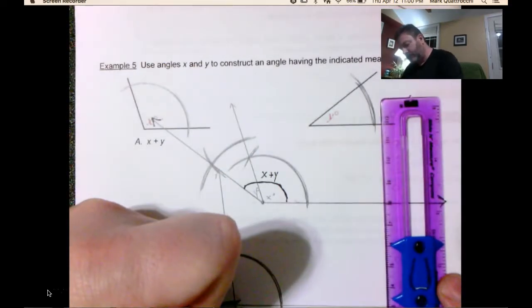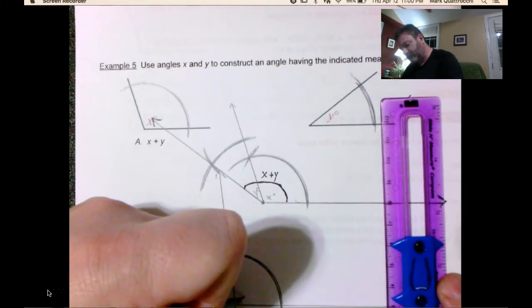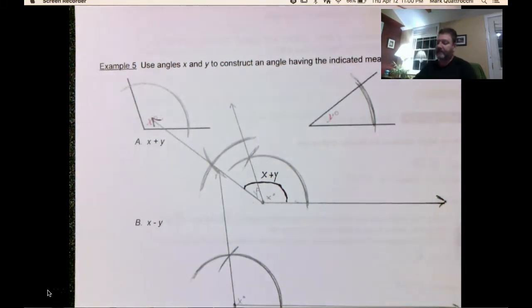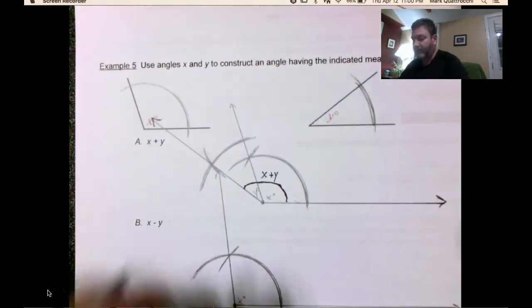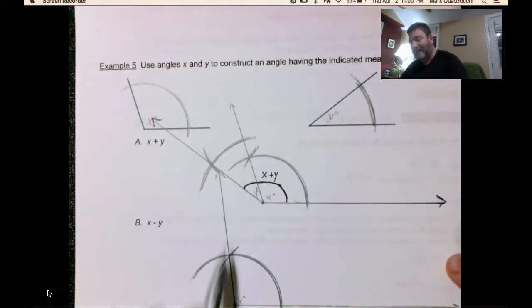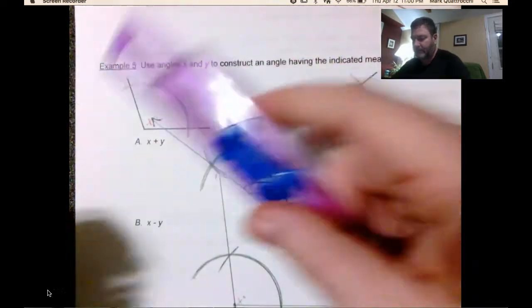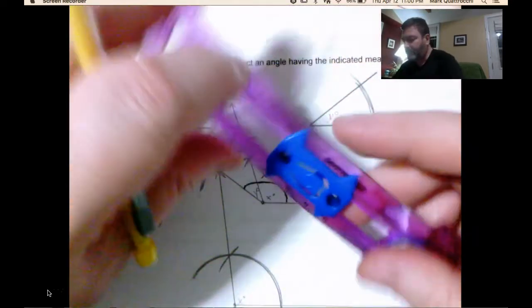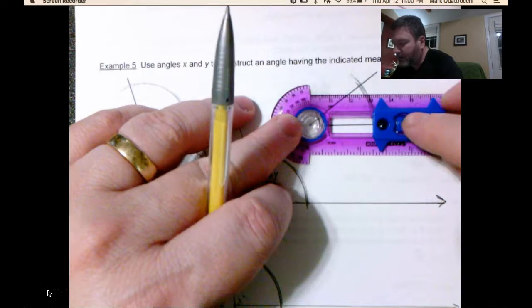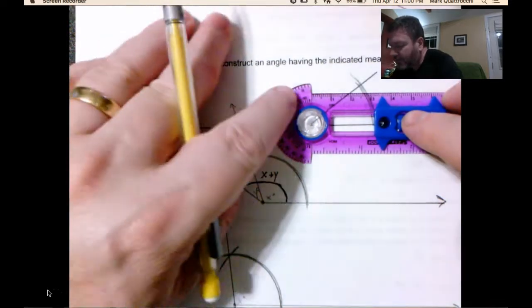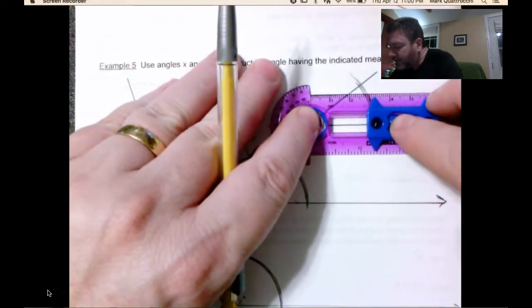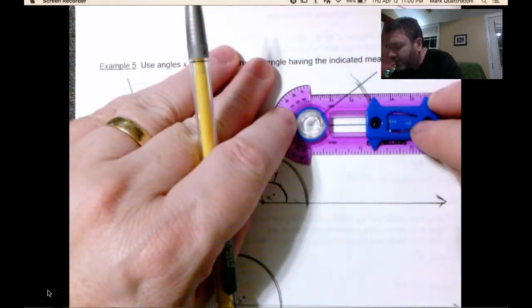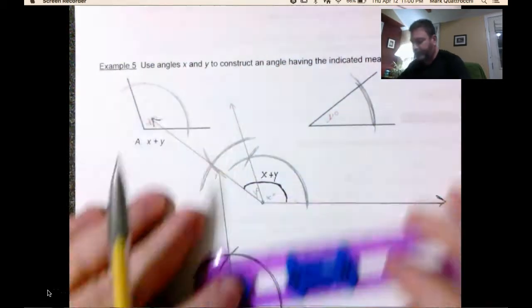This is angle X degrees. Now, different this time, I'm going to actually make a copy of angle Y inside of this, so I'm going to subtract. So I'm going to make my copy. Let's set my radius again to the arc that I made earlier for part A.